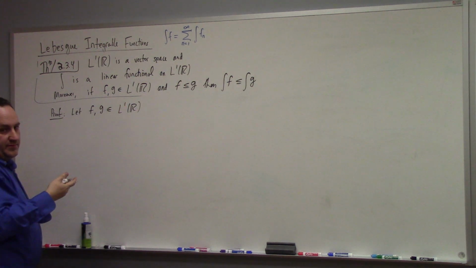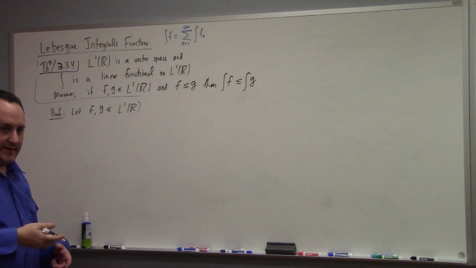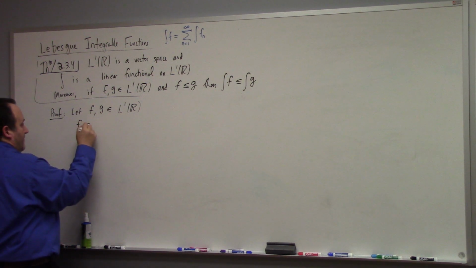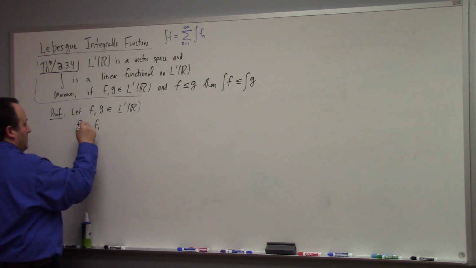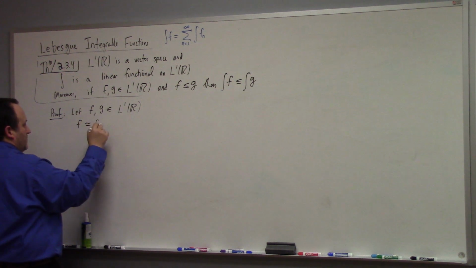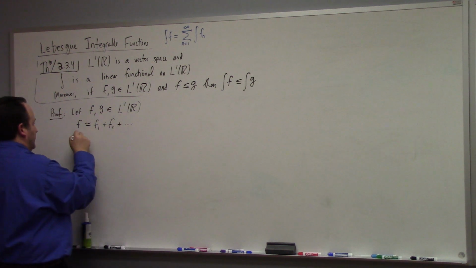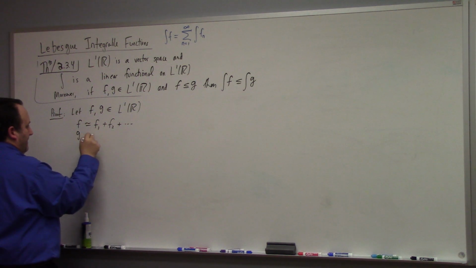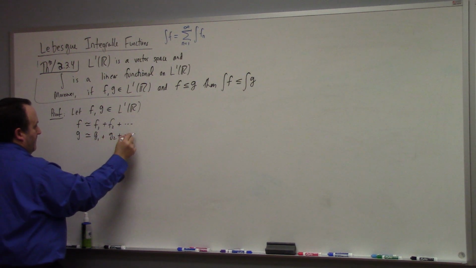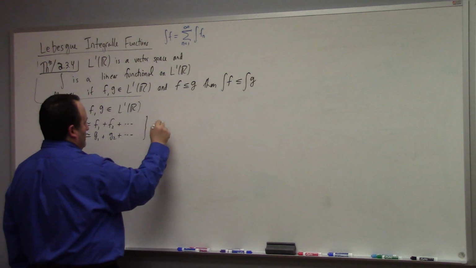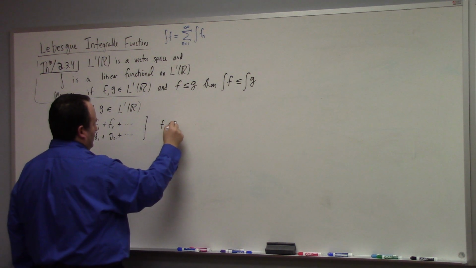That means that they're both represented by a sum of step functions, and likewise g. So then f plus g is going to be what?